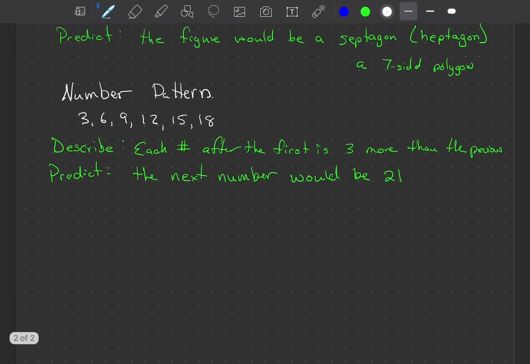Let's go ahead and do another one of these number patterns, because they can be a little more complicated than the one that we just did. So if we go 1, then 4, then 9, then 16, 25, and 36, this can keep going. And so again, we're going to go ahead and describe what's going on here.